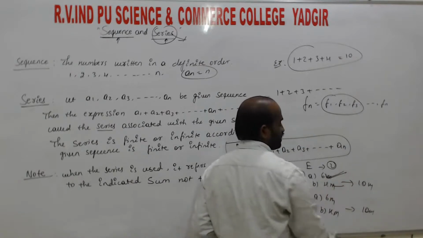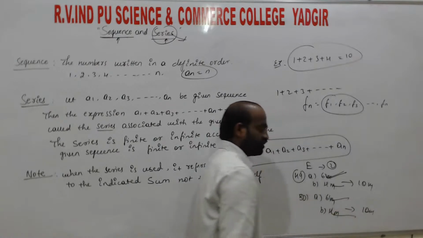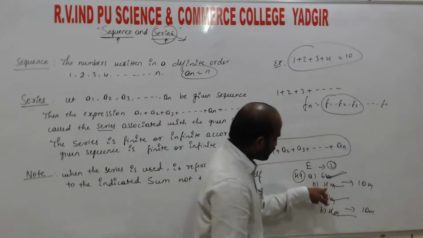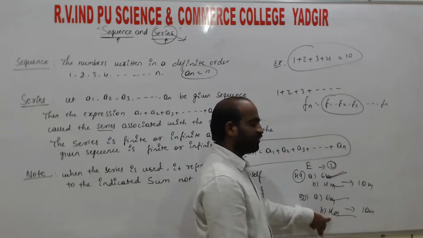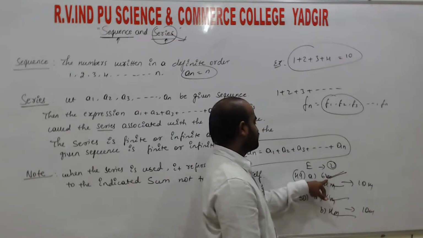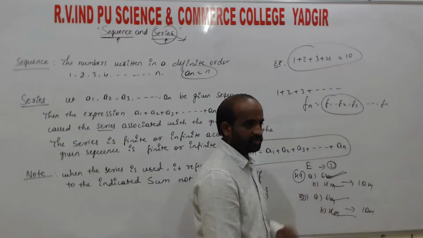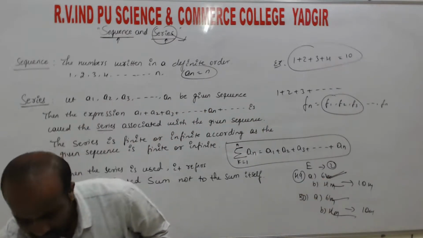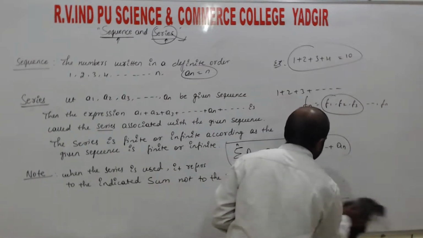This one is what? Series. This one is conic section. This one is derivative. In B, derivative or series. But this one is a trigonometry question. This one is a conic section question. Okay, in this part E, 4 marks is series.